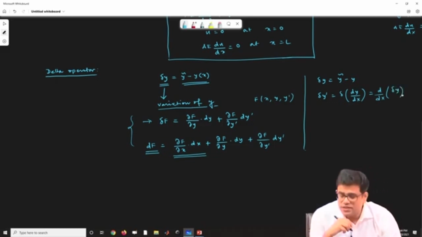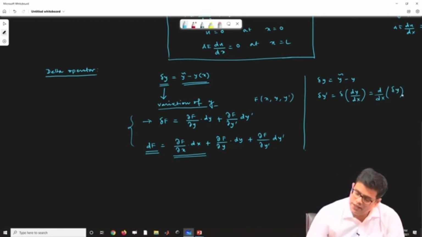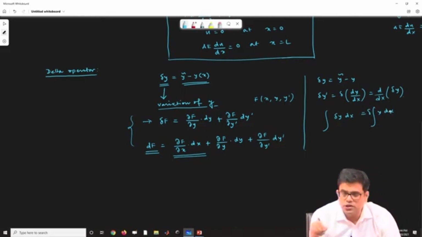So this is the commutative property. Similarly, the integral of delta y dx is essentially delta of the integral of y dx. This commutative property can be proved very easily, so I leave it for homework. If you can't do it, I can explain it later.